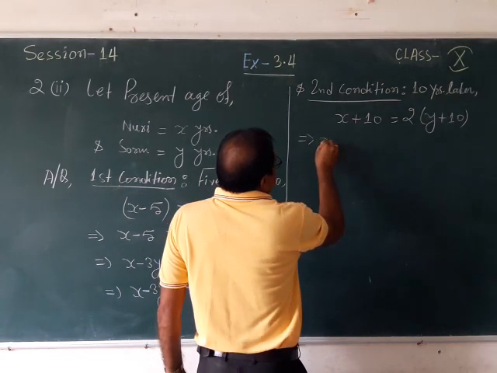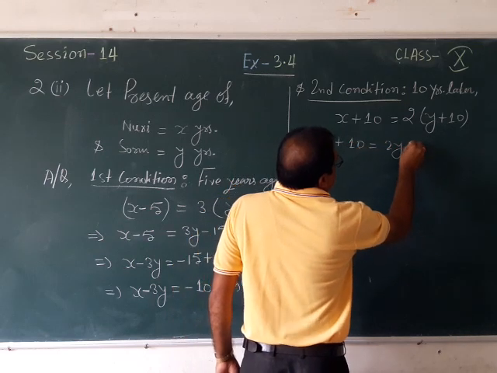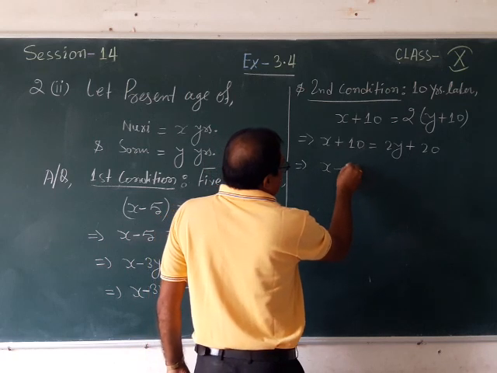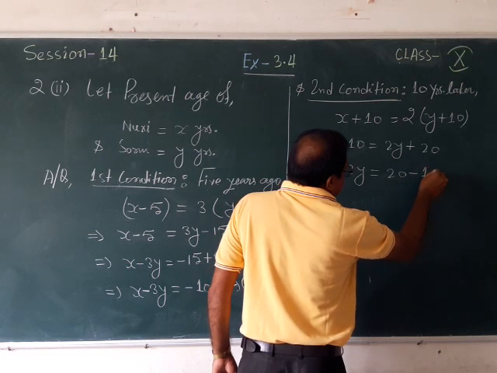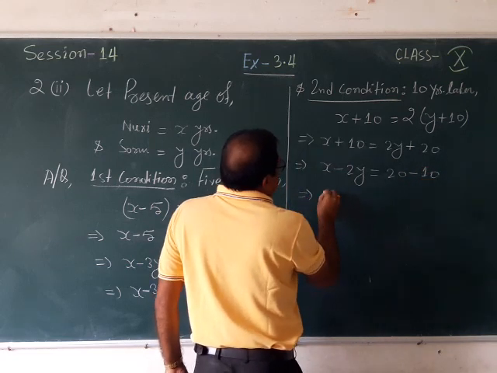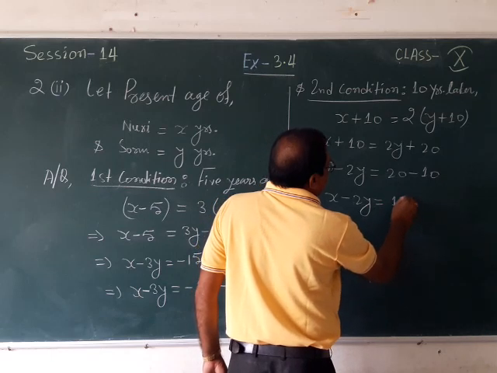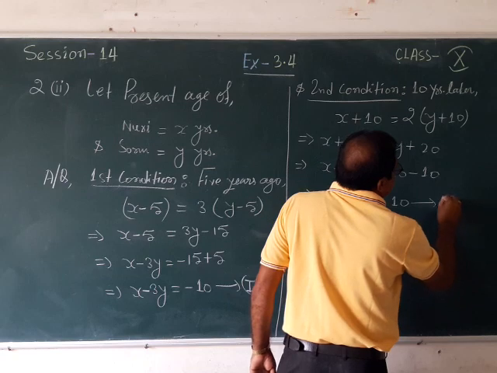Further it becomes x plus 10 is equal to 2y plus 20, and further it becomes x minus 2y equal to 20 minus 10, and further it becomes x minus 2y is equal to 10. So this is our equation number 2nd.